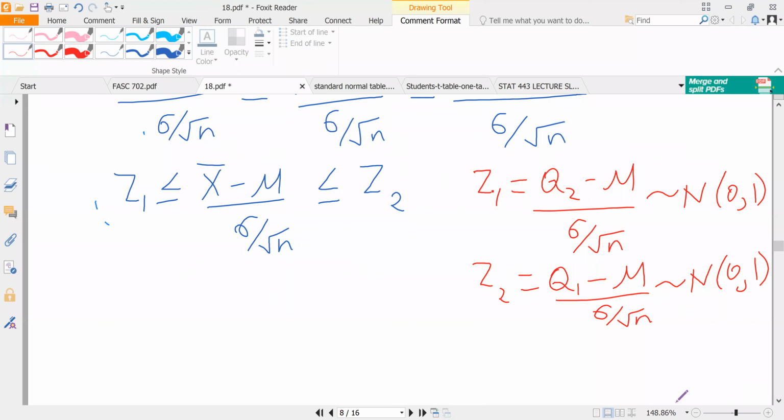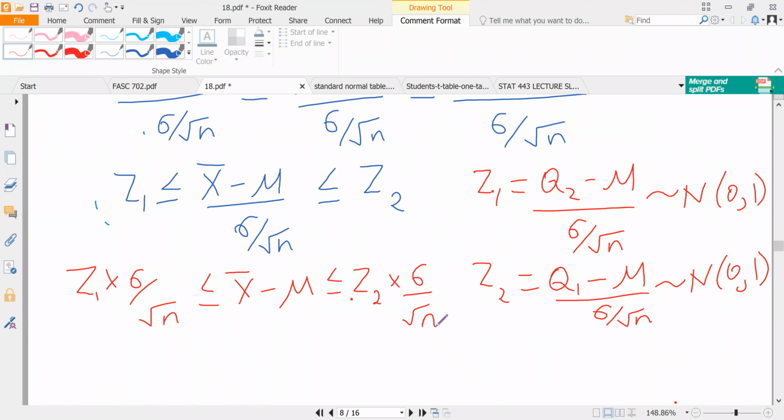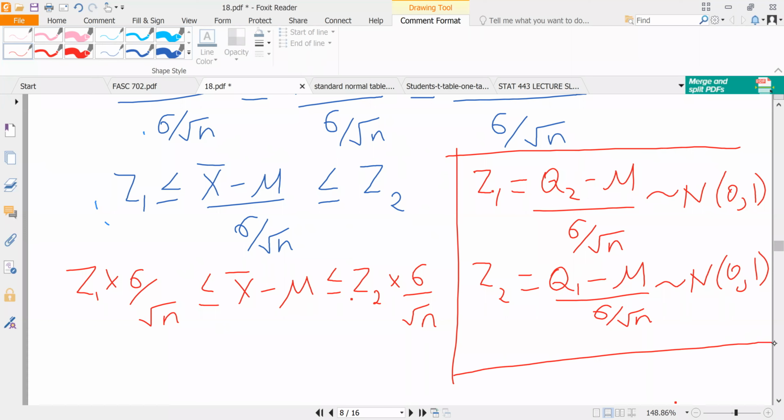First, we must cross multiply the denominator of the middle term so that we have Z1 multiplied by sigma over root n less than or equal to x bar minus mu less than or equal to Z2 multiplied by sigma over root n. Now, that is the first step.